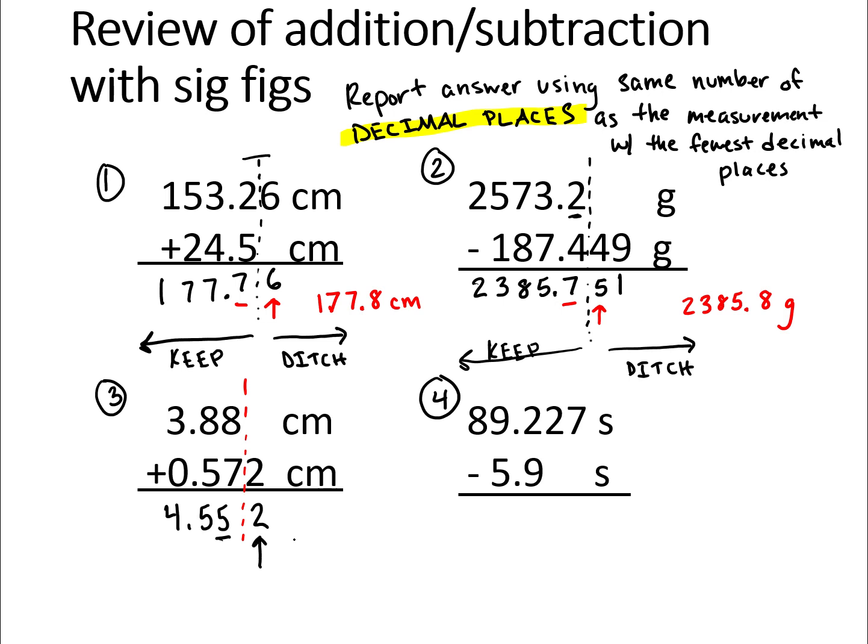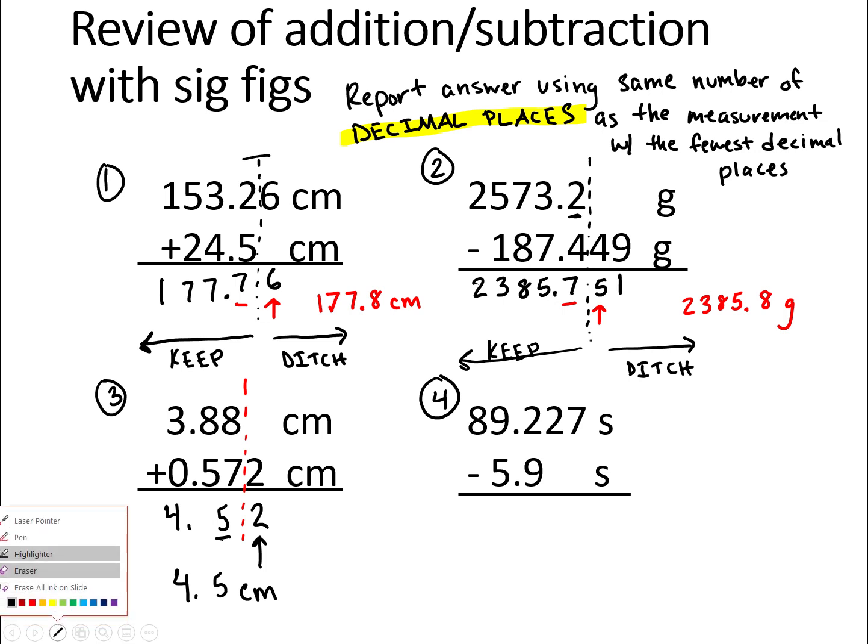We look at the 2. Just keep it the same. 4.55 centimeters. Oh, excuse me, 4.45. Yeah, that should be a 4. There we go. All better.